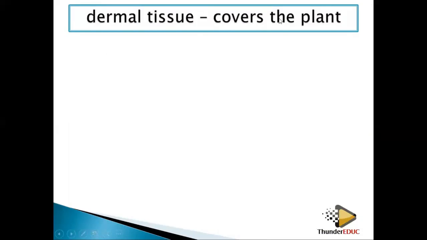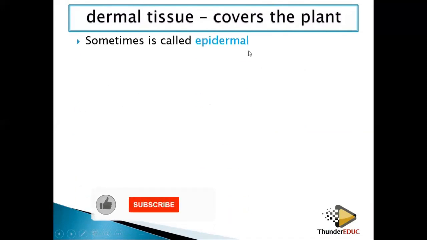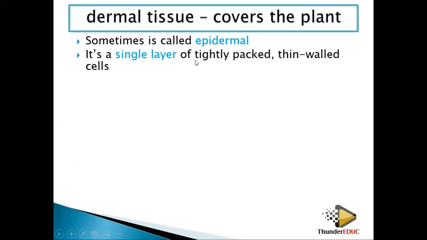Dermal tissues. This one covers the plant. When it covers the plant, sometimes it's called epidermal. Epi means out or up. So it is sometimes called the outer layer or outer skin. A single layer of tightly packed, thin-walled cells.